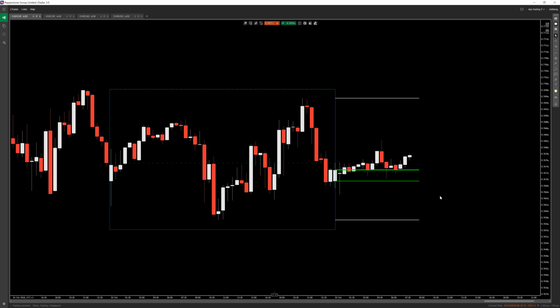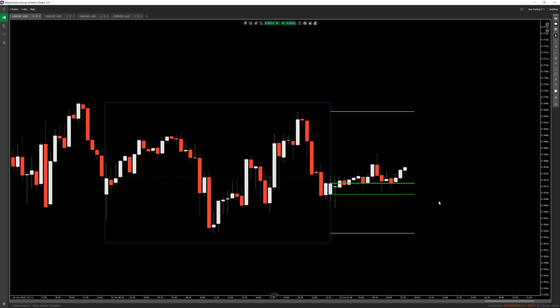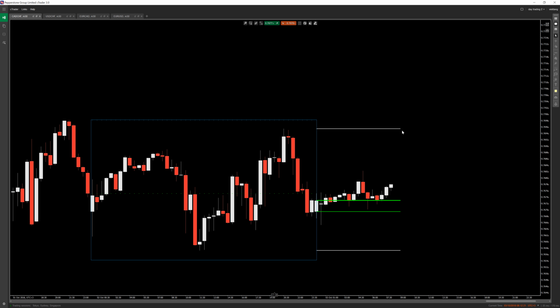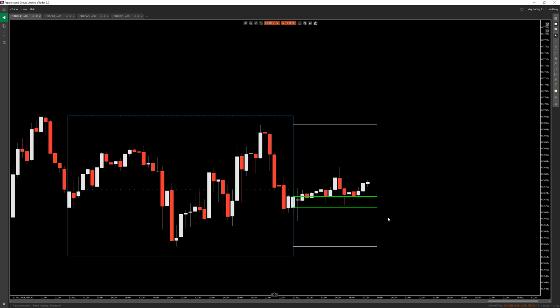If I'm looking to go long on this pair for today, I want to see a breakout above yesterday's high, which is this line here. Right now price is just sitting comfortably above this double support level, not really doing much. So right now there's no trading setups.